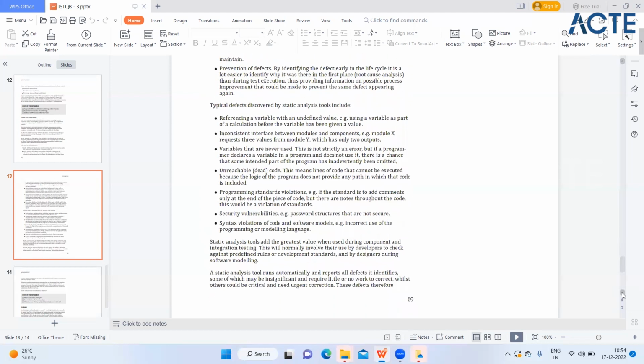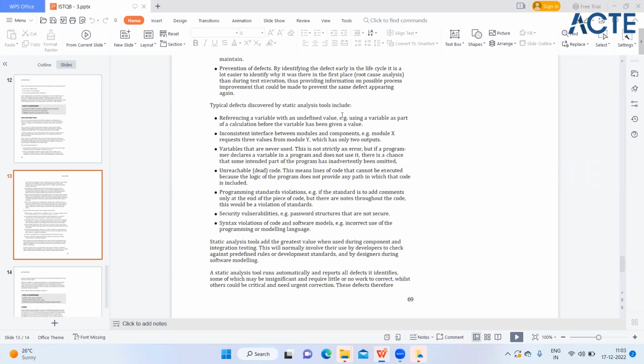So now what kind of defects can we find from this static testing? Like referencing a variable with an undefined value. Okay. So the typical defects which we can get under this static analysis can include referencing a variable with an undefined value.